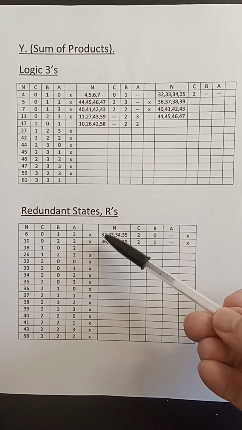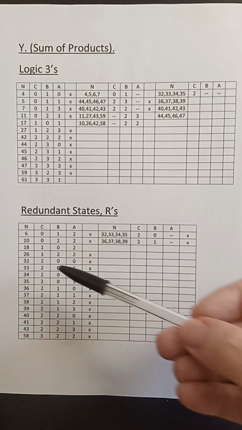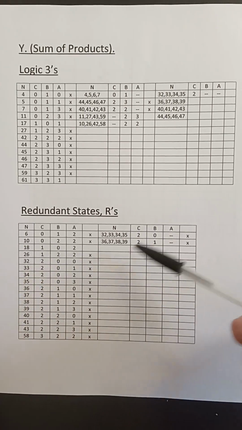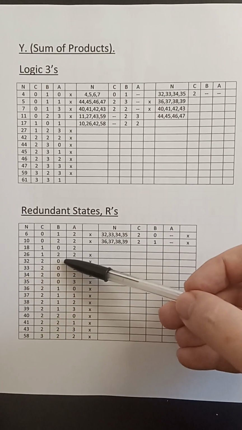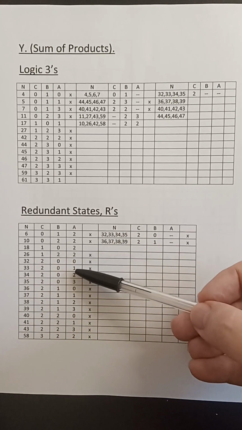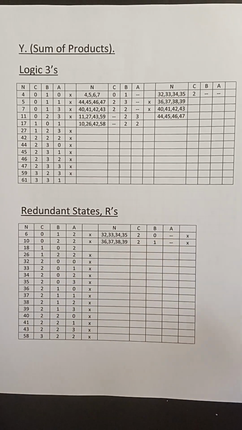For example, 32, 33, 34 and 35 here, and this is a 2, so C is a 2. This is a 0, so B is a 0, and A cancels out, 0, 1, 2, 3. A cancels out there. So you do that for the 2's as well as the logic 3's.